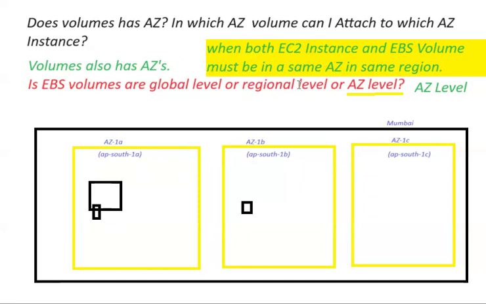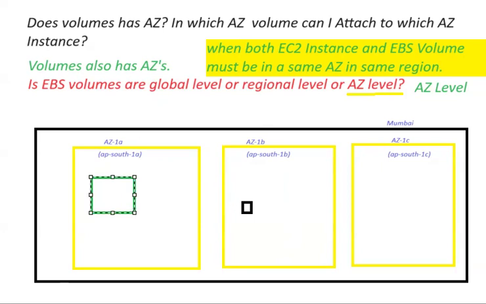Now let's go with another interesting question. Let's say my volume is present in the 1b availability zone, and my instance is present in 1a.